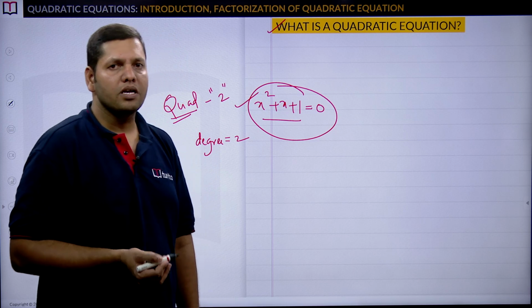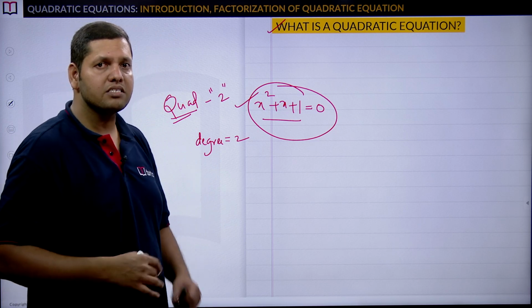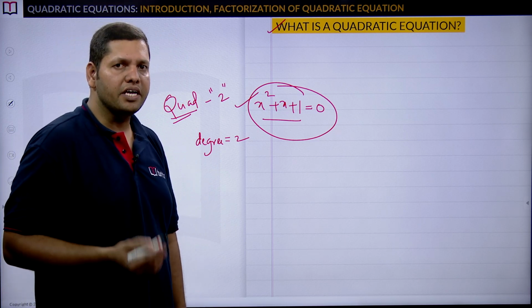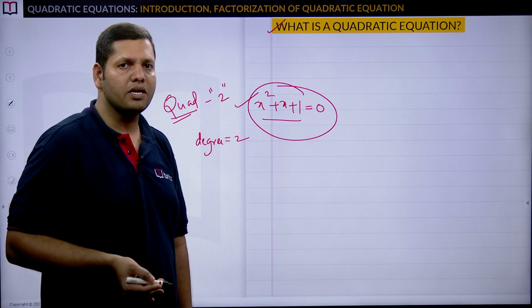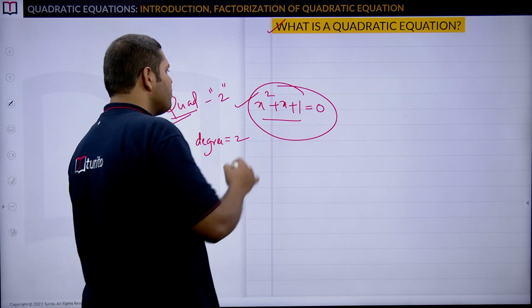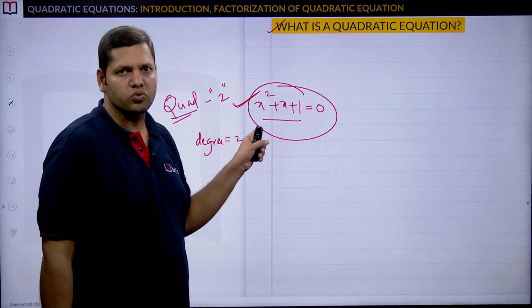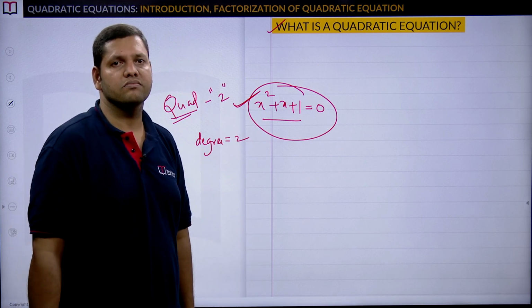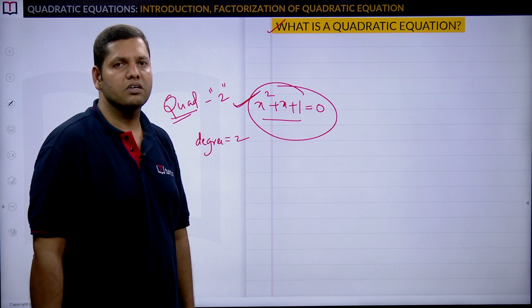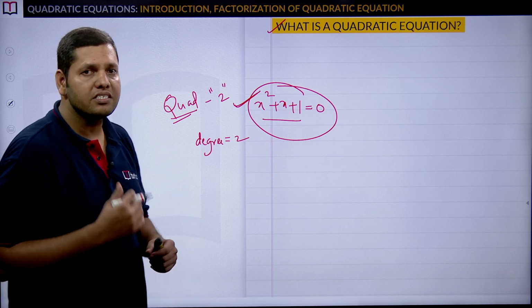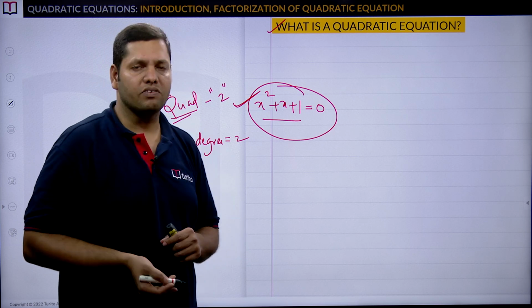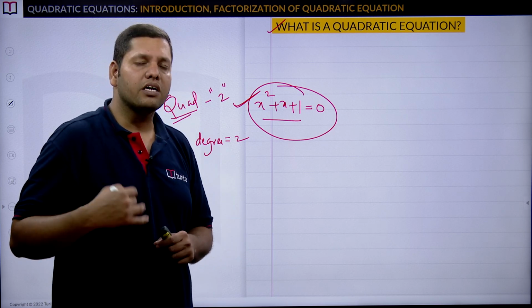The quadratic polynomial, otherwise the quadratic equation, means the highest exponent value in a given equation or a given polynomial expression is 2. So I can say it is a quadratic equation. So the highest exponent value in a given equation is called a quadratic equation.